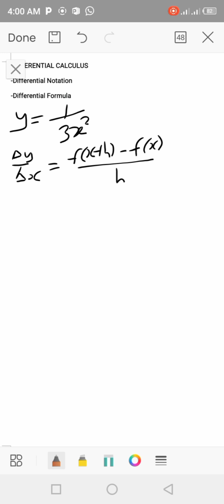So in this case, our f of x plus h will be 1 over 3 into x plus h raised to power 2. The reason is that for the function, you put x plus h everywhere you find x. Then minus f of x itself, which is 1 over 3x raised to power 2.